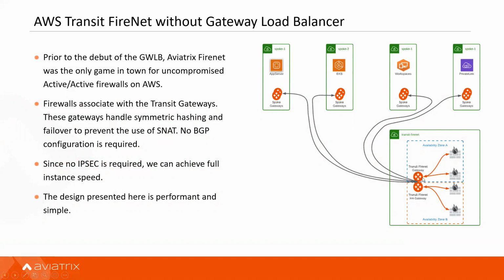And then on these gateways, we actually associate with firewalls. And these firewalls are all active. So we can send traffic to anybody and get full speed, full line rate, no IPsec, no SNAT required, because we handle the hashing and make sure things are symmetrical. So it works really well.